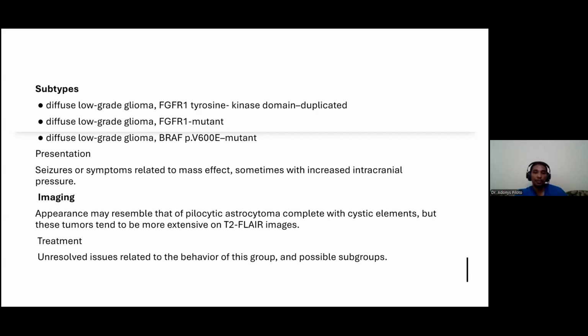Seizures or symptoms related to mass effect, sometimes with increased intracranial pressure, may be present in patients with this type of tumor, and on imaging the appearance might resemble pilocytic astrocytoma with cystic elements. This tumor tends to be more extensive on T2 FLAIR imaging. Treatment and issues related to the behavior of this group and possible subgroups remain unresolved.